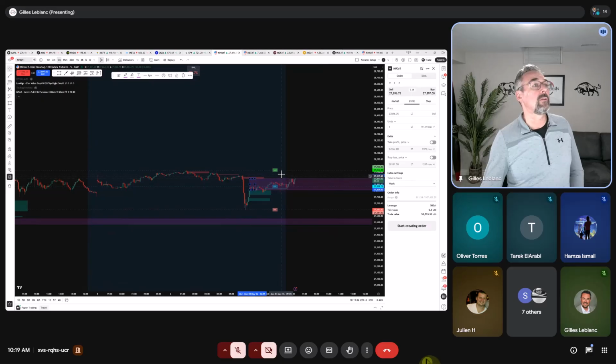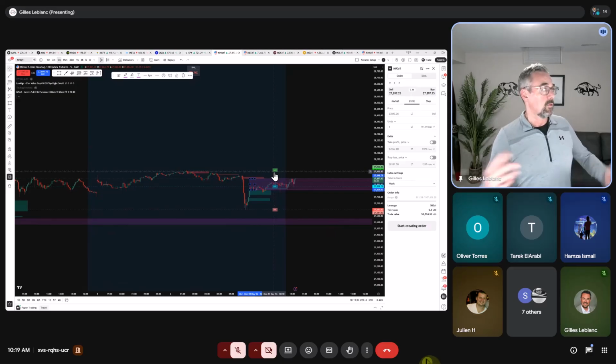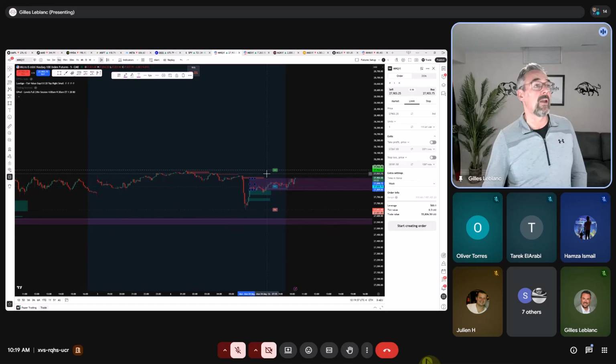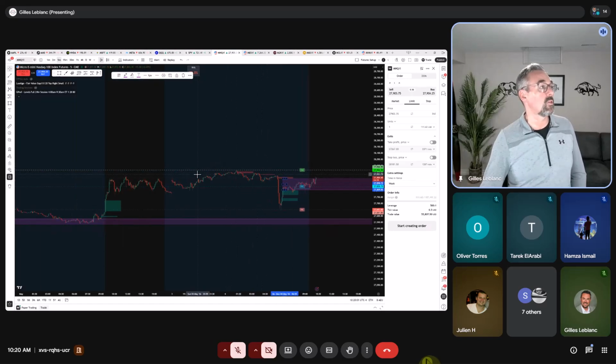There's actually only 61.8, the only real ratio that exists in the Fibonacci sequence. All the other ones are derivatives of that. The 50 is not part of the Fib at all, but it's just the common, well-known position where people add into positions.